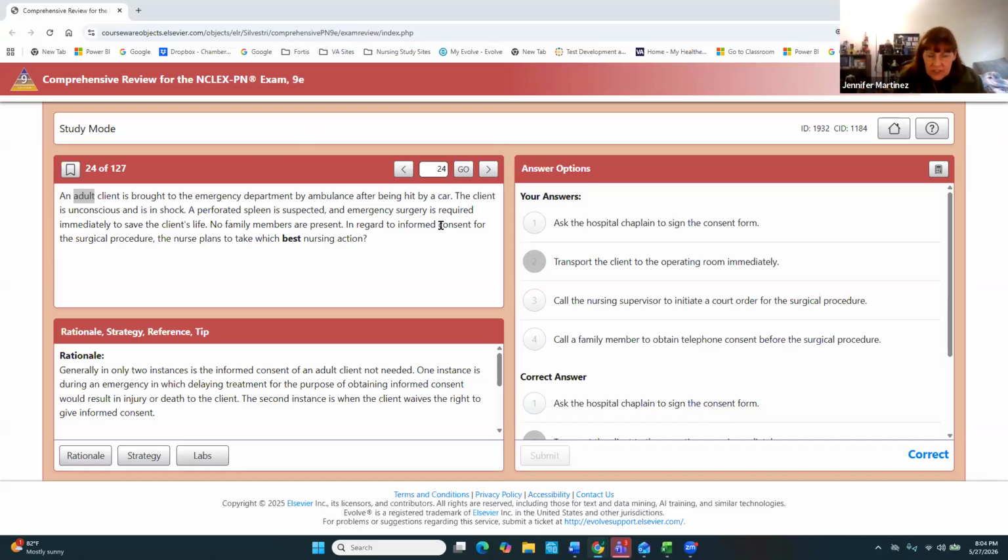Nobody was there. So even with the pediatric patient, we will try to get consent. We'll try to call mom, we'll try to call dad. We can have two nurses witness, right? But still, we're going to provide care, especially when it's life or limb. We'll get consent later.